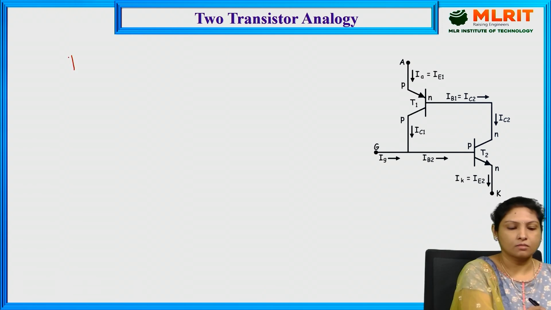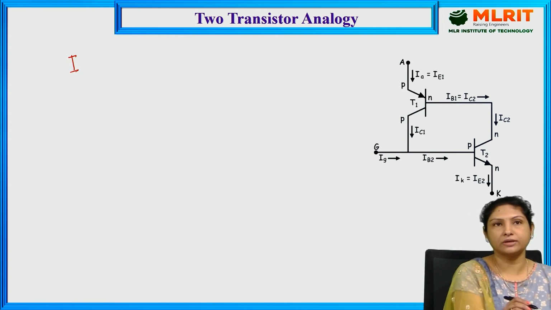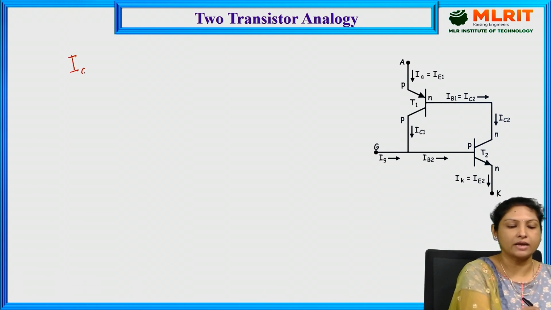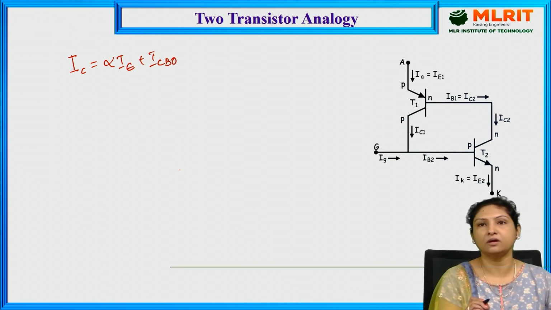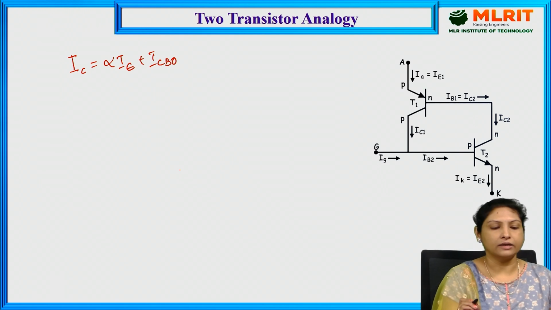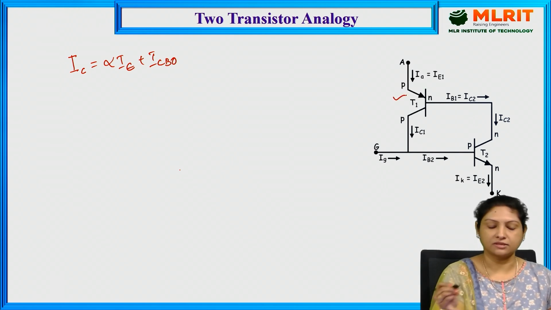Here, let us take the general equation of a transistor, where IC is equal to alpha IE plus ICB naught. This is the general equation of any transistor. Let us consider transistor 1.